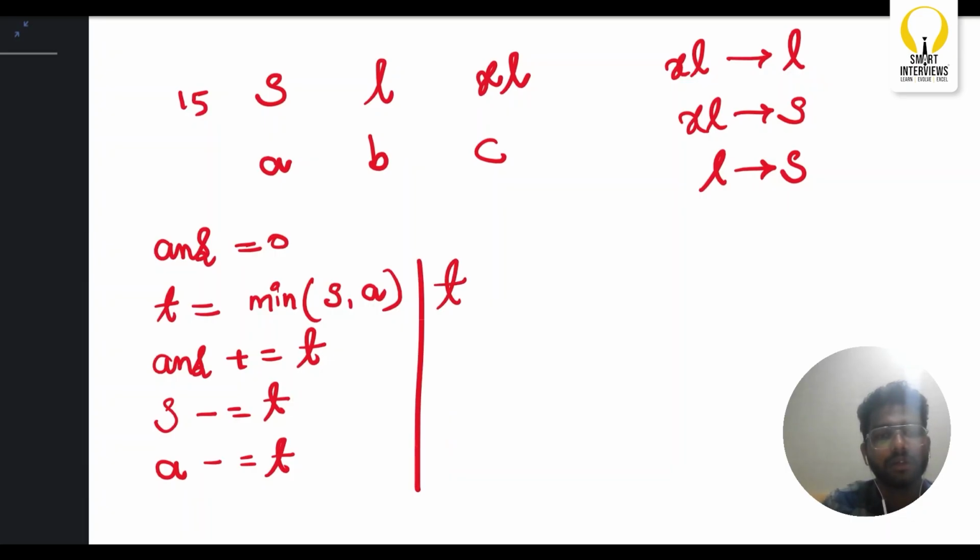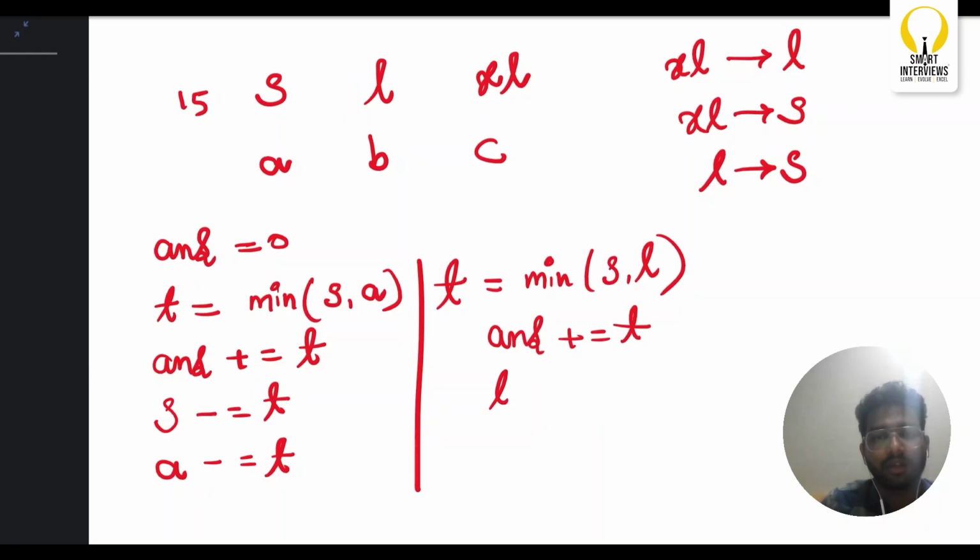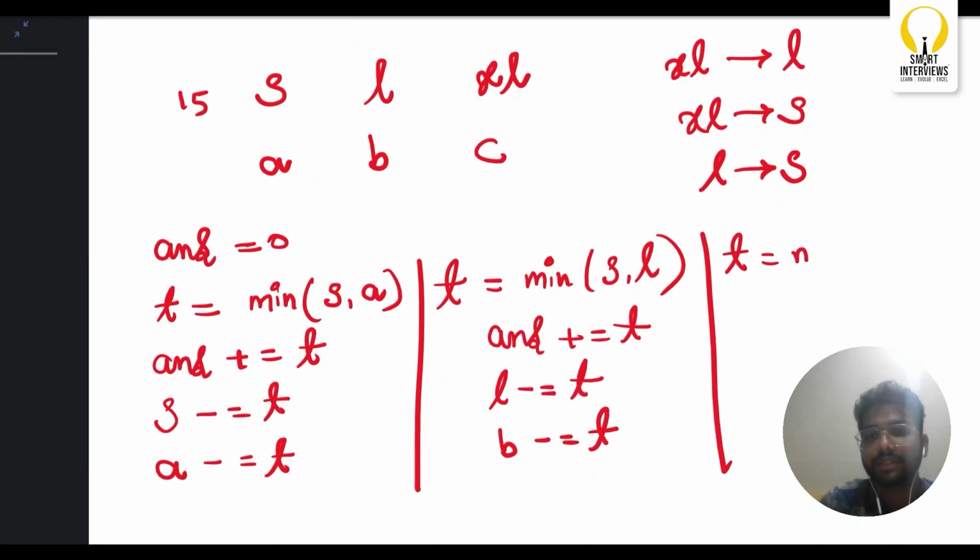And I'll do the same thing with the L size t-shirts, right? So minimum of S comma L and answer plus equals T, and L minus equals T, and B minus equals T. And same thing with the extra large t-shirts.